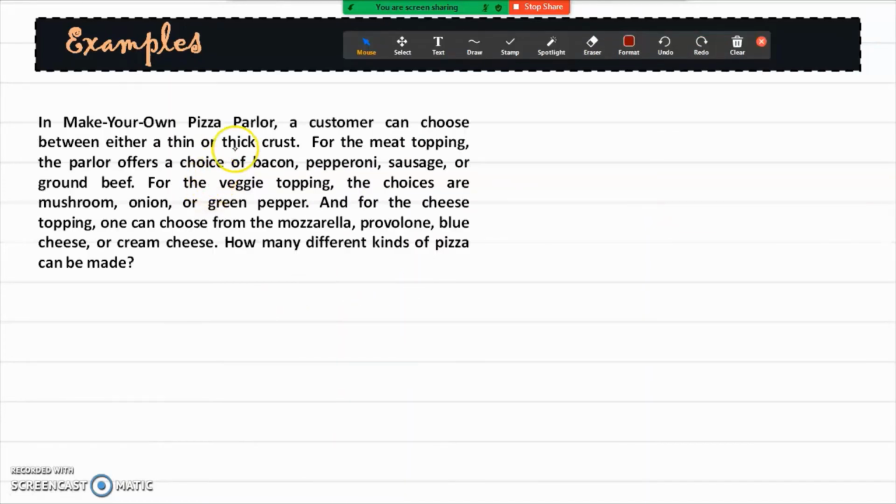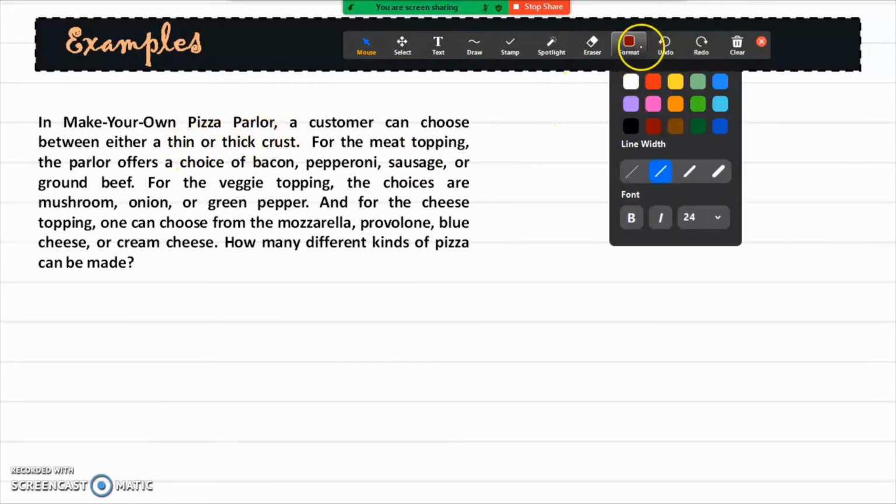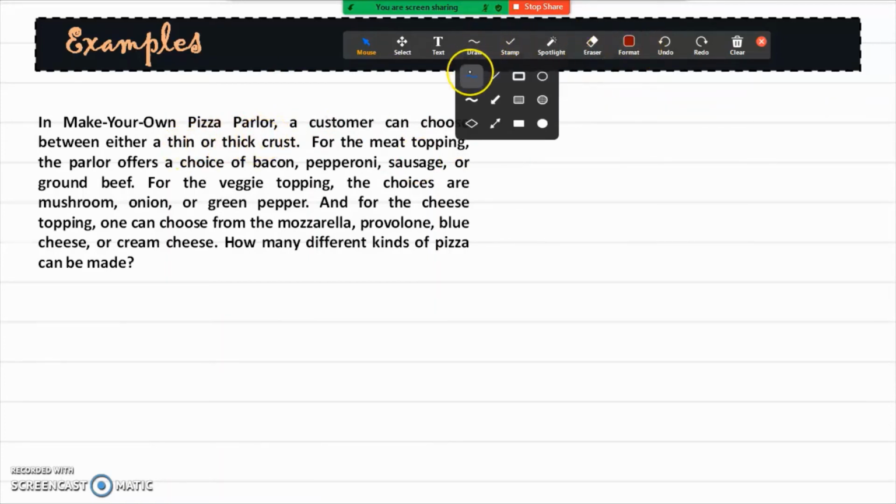Let's have our third example. So in a make-your-own pizza parlor, a customer can choose between a thick or thin crust. So let's underline that. For the meat topping, the parlor offers a choice of bacon, pepperoni, sausage, or ground beef.